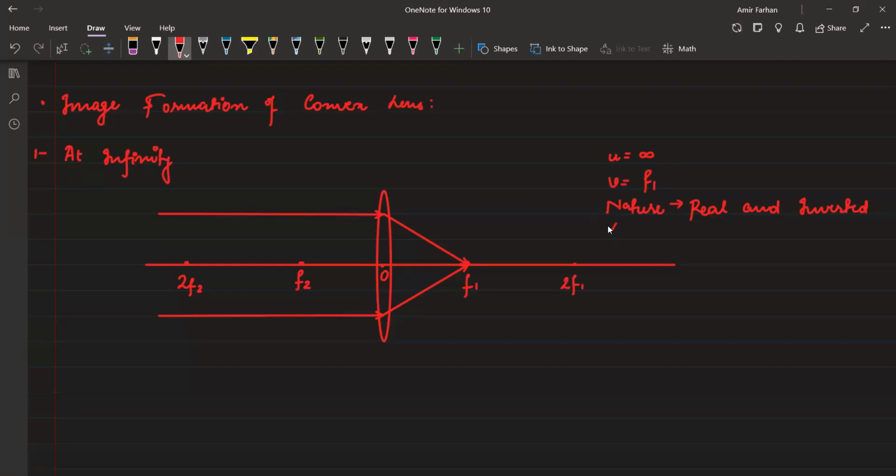Size will be highly diminished, point size. Is this clear to all of you? Please let me know. Any doubt so far to anybody?